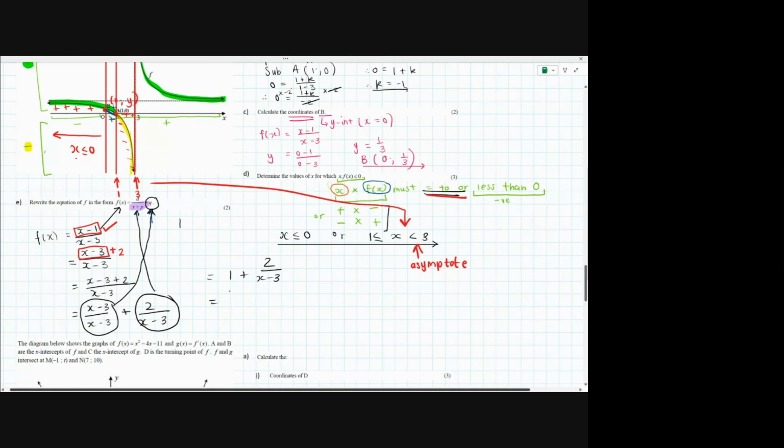And if we just put that in the order we want it, we now have our hyperbola in its standard form. Right, so the key here is that you basically just need to manipulate your numerator to get two separate terms in order to get it in standard form.